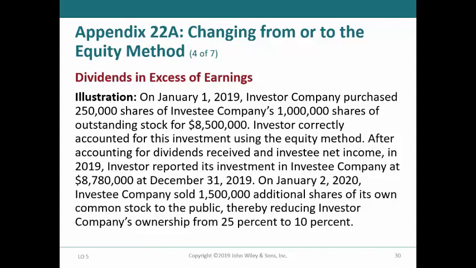On January 2nd, 2020, the investee sold an additional 1,500,000 shares of common stock, and the investor company did not purchase any of the additional shares, thereby reducing its ownership percentage from 25% to 10%.